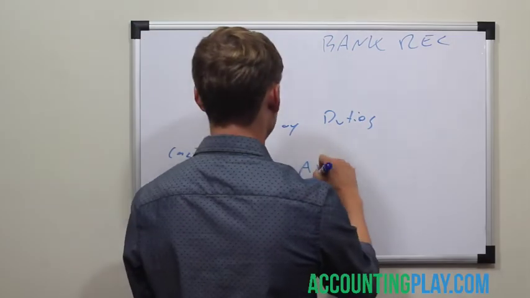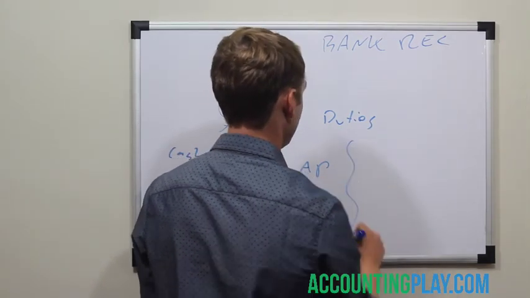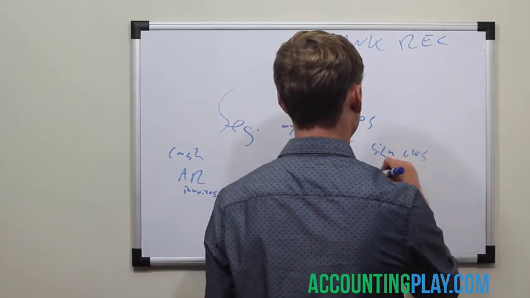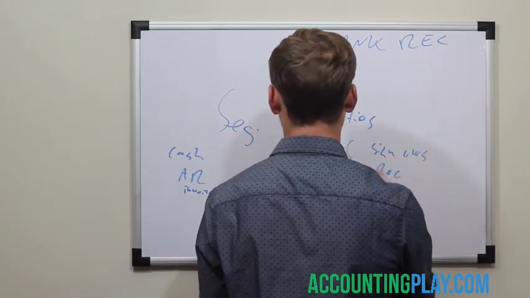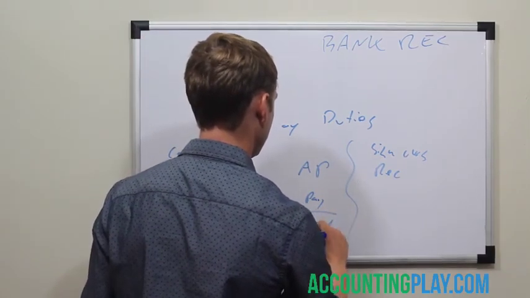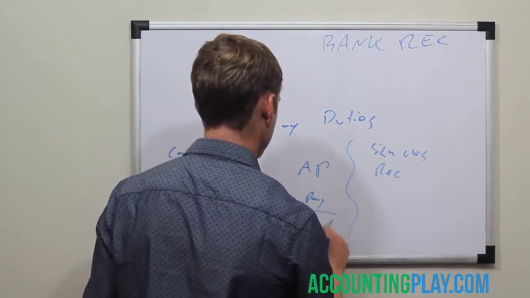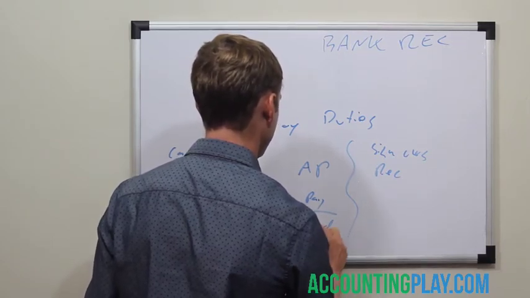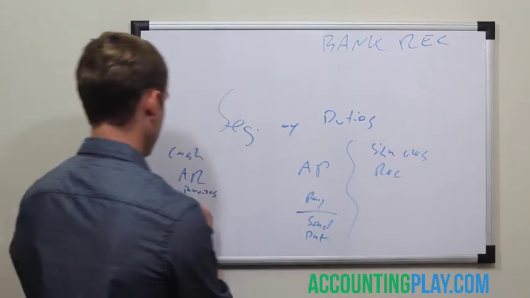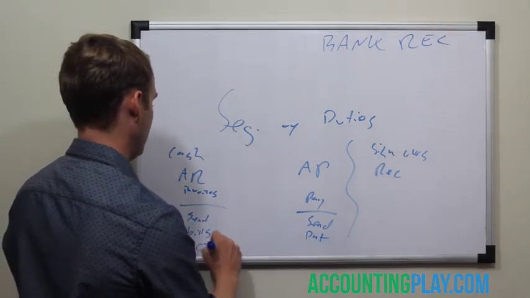You also have accounts payable on the other side, right? You have people who sign checks. You have people who do reconciliations. You have people who send bills. We'll say send payment. And this is send bills for AR, send bills out.